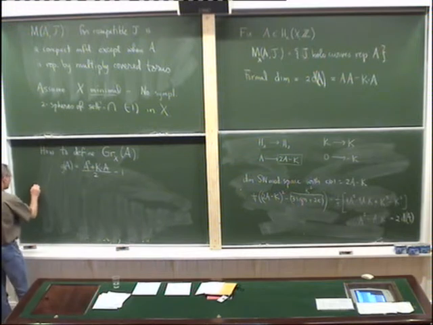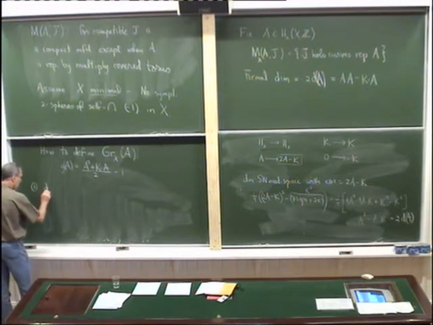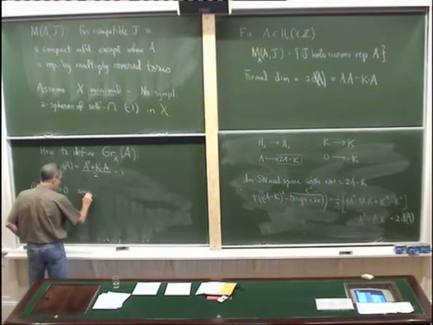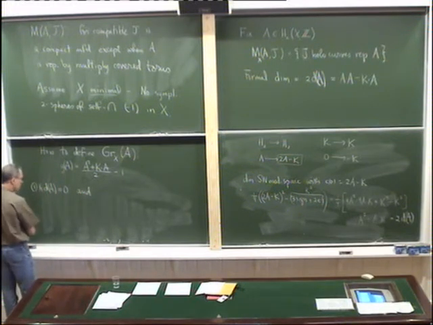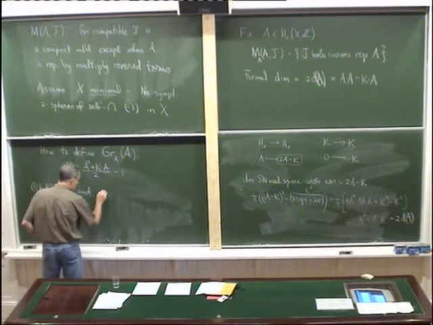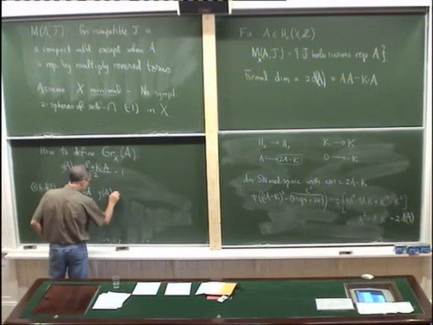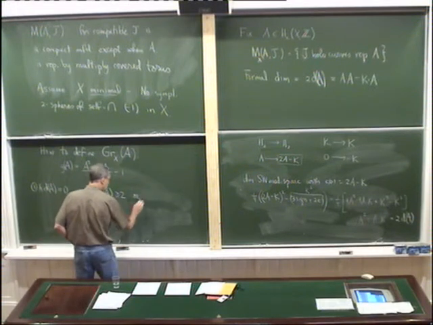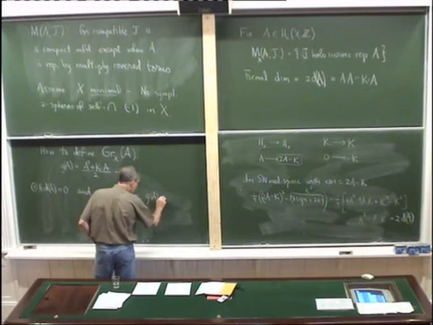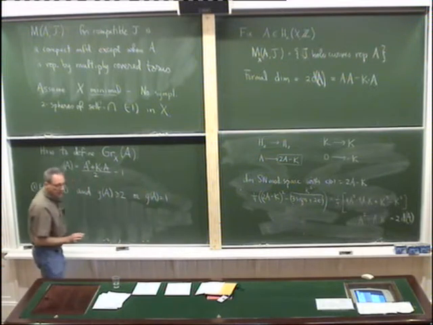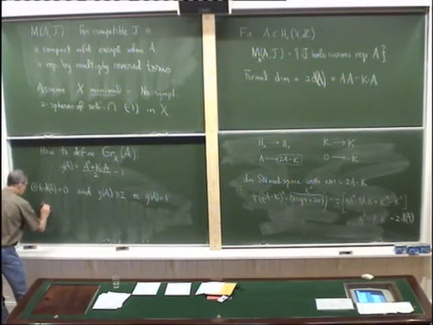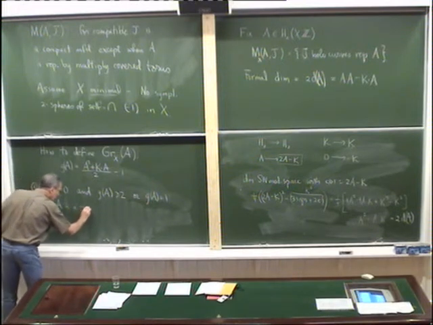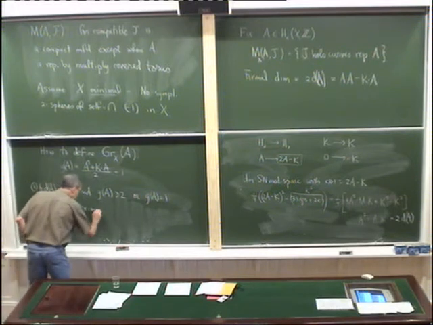So now let's assume first that d(A) is 0, and the genus of A is either greater than or equal to 2, or g(A) equals 1 and A is a primitive class, meaning indivisible.